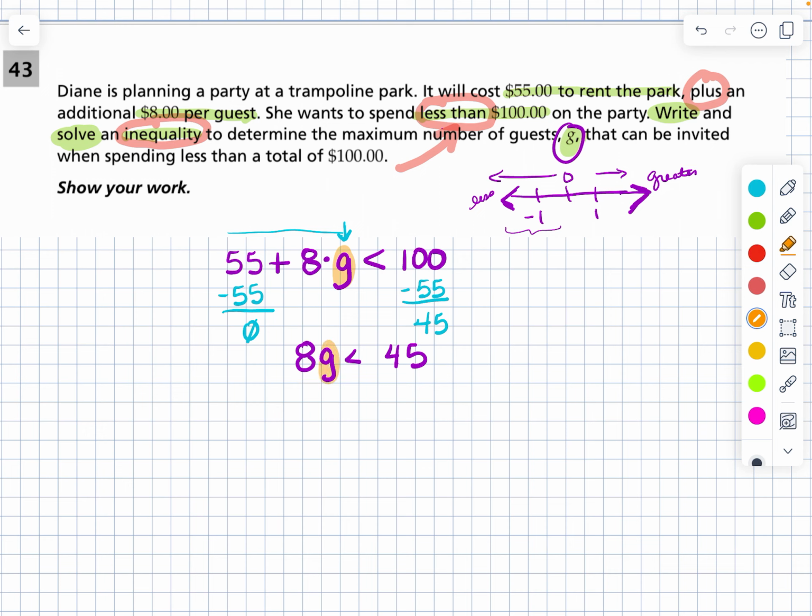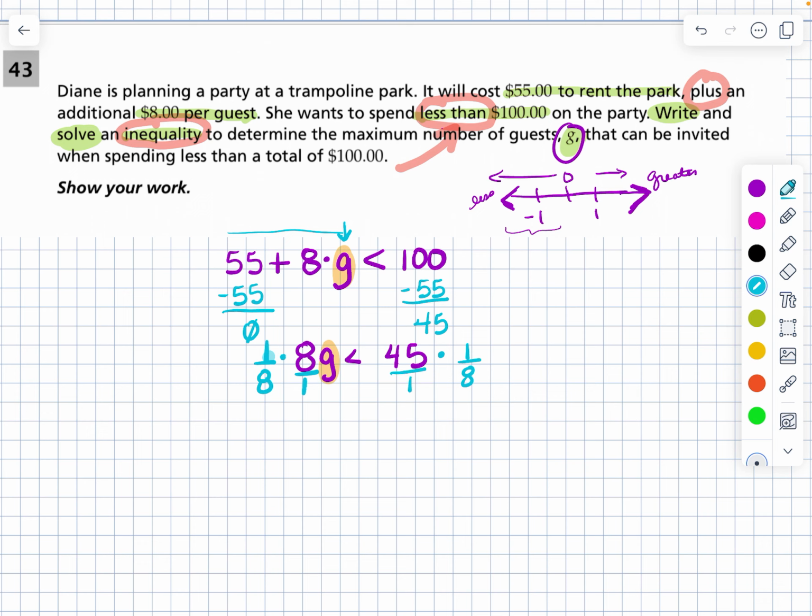Same thing again. We need to isolate this G. So in order to do that, we need to get rid of the coefficient of G, which is 8. That needs to become a 1. So I'm going to multiply by the reciprocal. I'm going to multiply this by 1 over 8, so I'm going to change that to 8 over 1. And then I'm going to do the same thing here, multiply times 1 over 8.